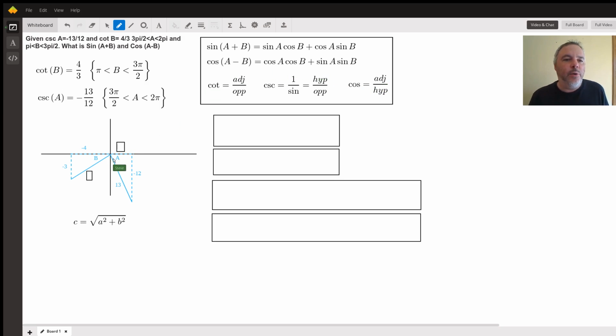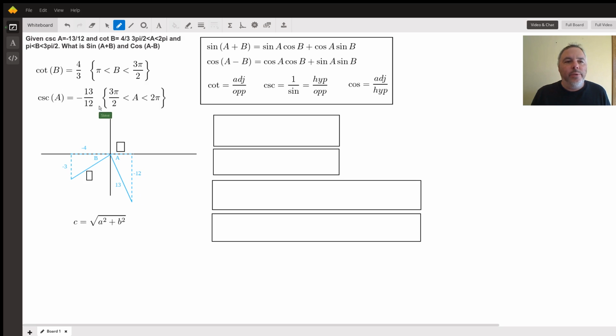Okay, so let's go back over here. Let's start with the A here. So notice that for this angle A, the cosecant is negative 13/12. Since it's in quadrant 4, and if I look at the cosecant function here for sine, it's opposite over the hypotenuse. Notice the hypotenuse is generally non-negative, and there's a positive in the x direction and negative in the y direction.